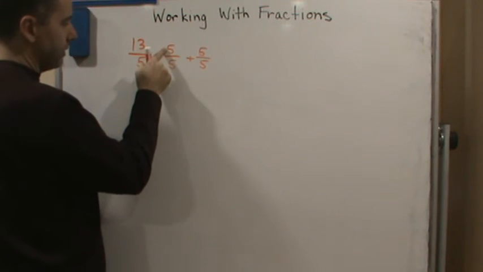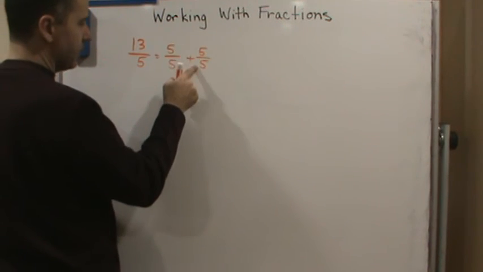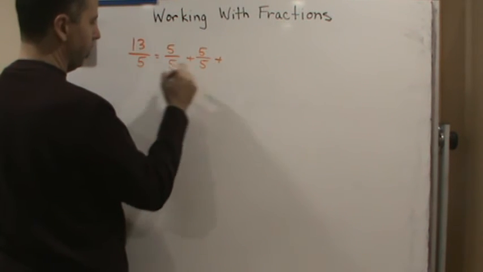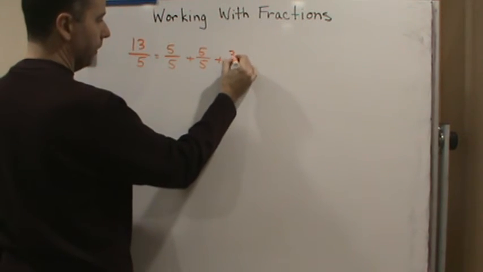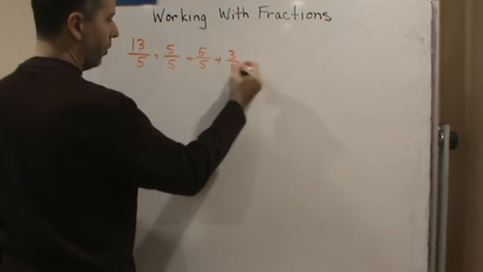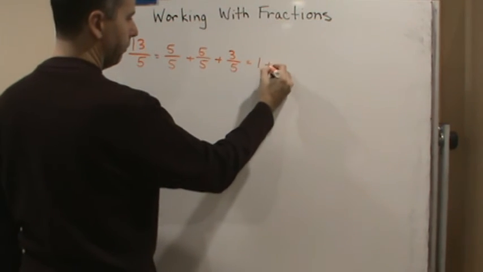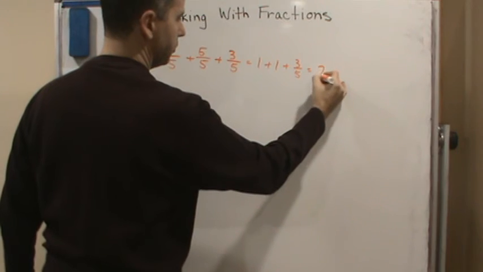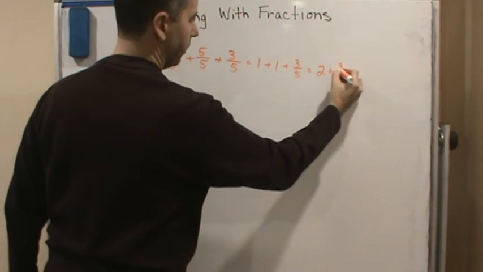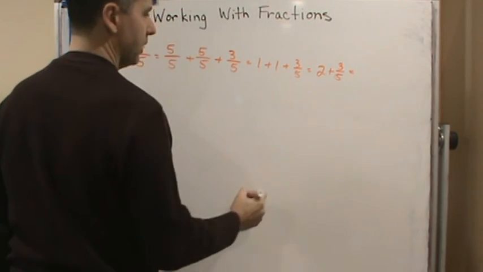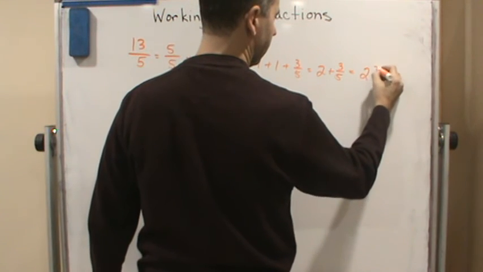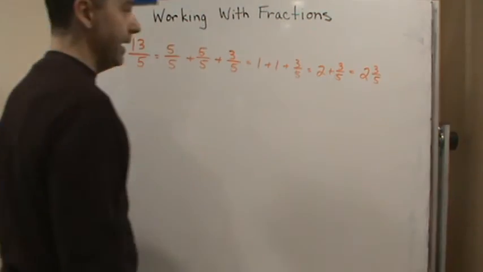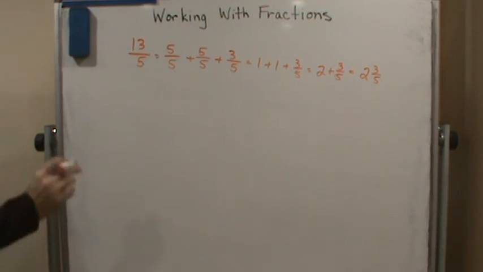Well, I can get one set of 5s, I can get another set of 5s, and then that leaves me with what? 3 left over. So this is going to equal 1 plus 1 plus 3/5, which equals 2 plus 3/5, which equals 2 3/5.